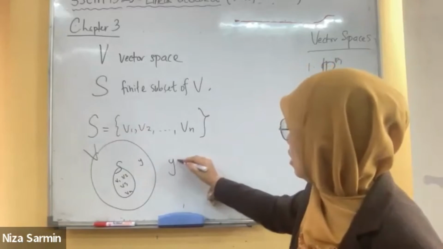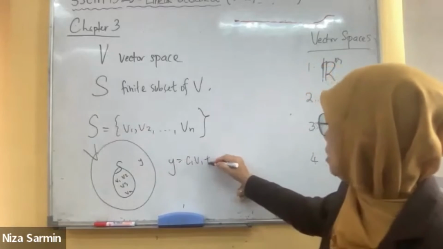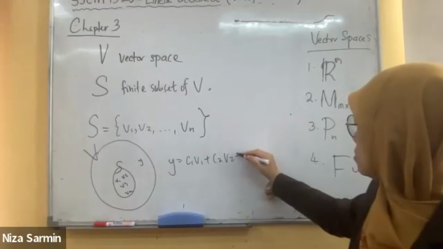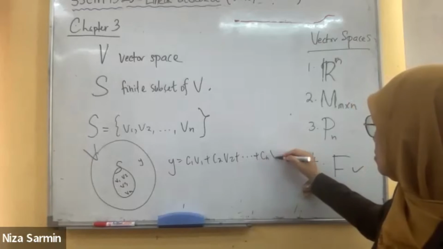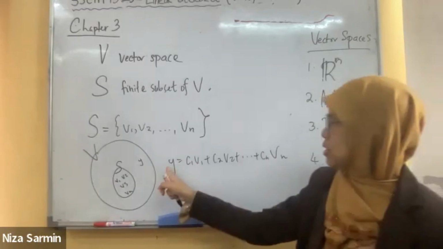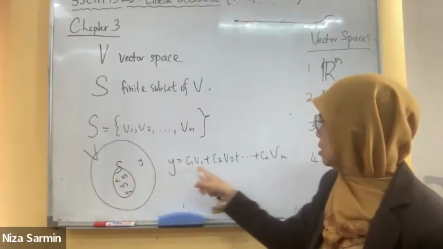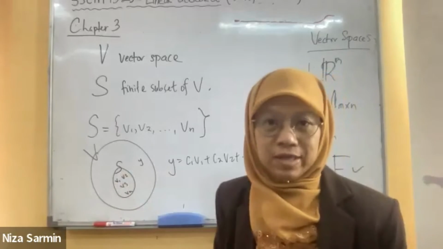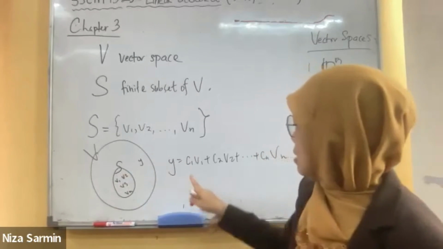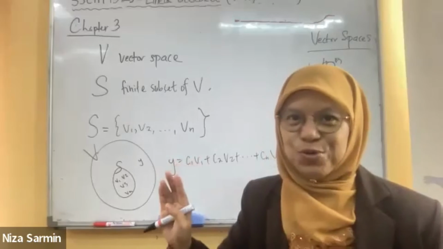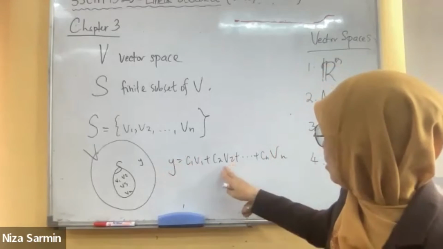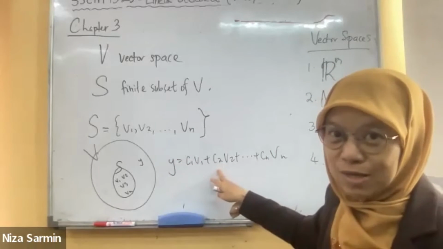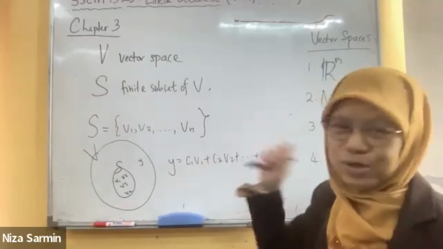When you want to write y as a linear combination, we say y is a linear combination of the vectors in S. If y is V2, we can just put C2 as 1 and the rest as 0. So V2 is V2.